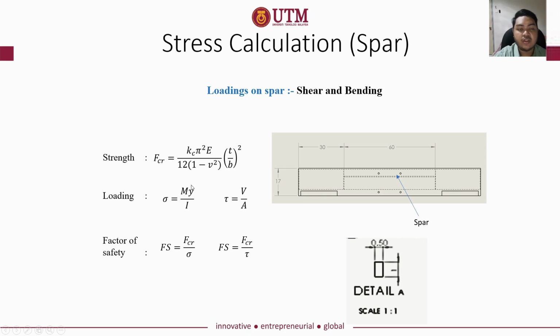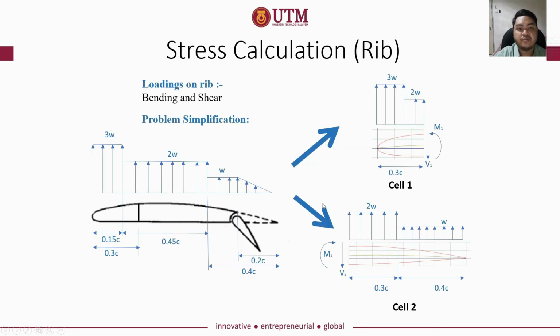The values for the moment and shear are obtained from the previous analysis, which are taken for the maximum moment and maximum shear, and then we are calculating the critical buckling strength, which will further be used to calculate the factor of safety.